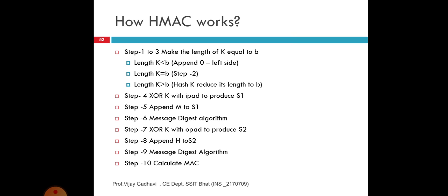In step 9, we apply once again the message digest algorithm. Then in step 10, we calculate the MAC. I hope you understand how HMAC works with the flow of steps 1 to 10.